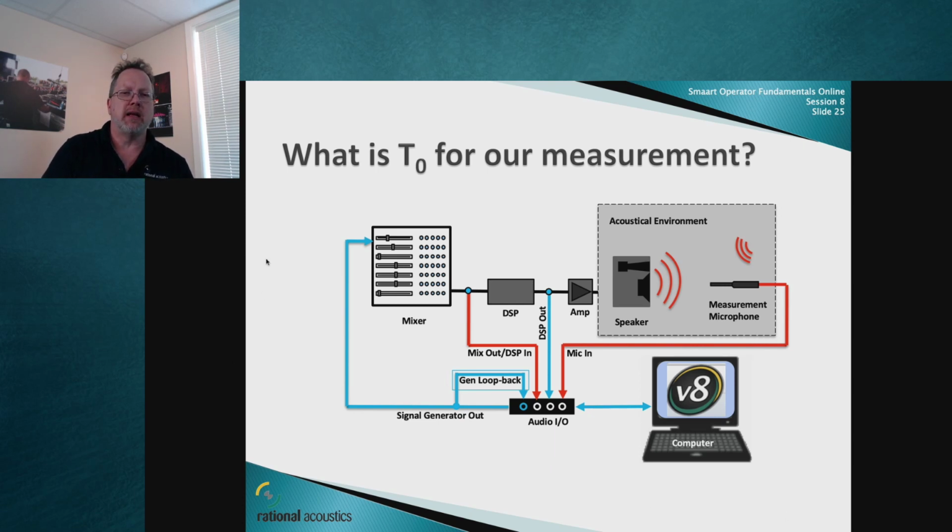Oftentimes now you get consoles that have the output DSP inside the console. Well, if I grab the output of the console and compare it to the microphone, the output of the console is effectively at this DSP out, so I'm getting a measurement of the system without the EQ included in my loop.